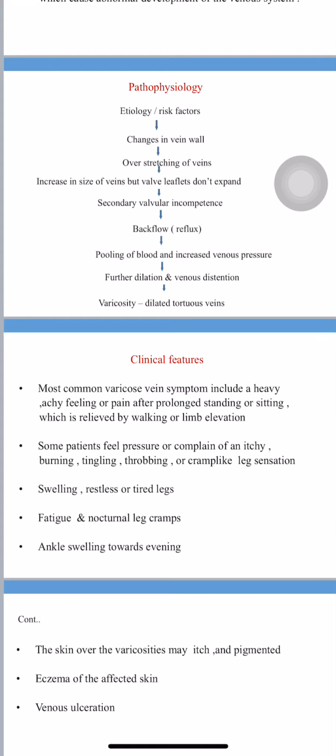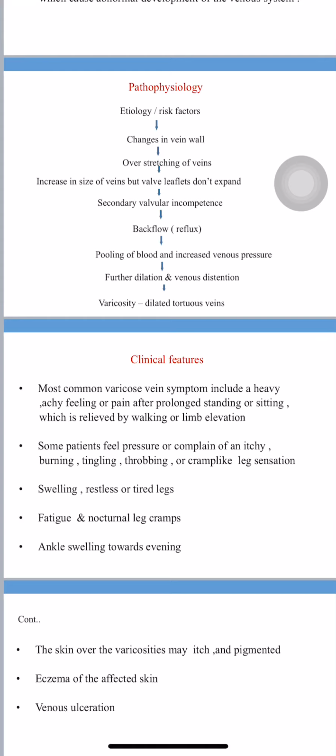We know that veins have a property of stretching, but here it leads to overstretching, which increases the size of veins, but the valve leaflets do not expand.